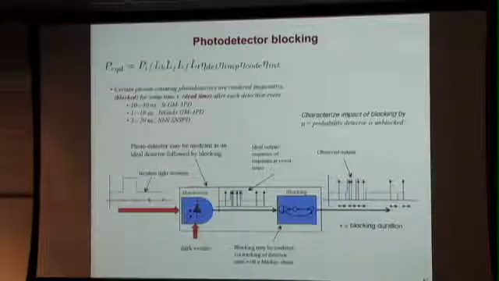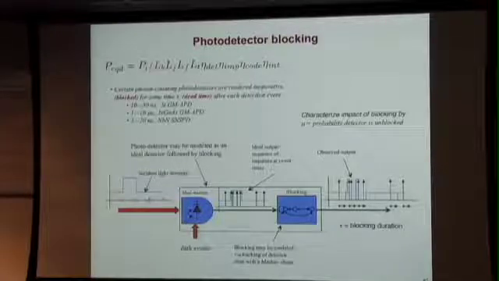Photodetector blocking is another effect that you have to consider in real photodetectors: there's a dead time after each photodetection event. So you should be seeing an event here, here, here, here, but after blocking, the ones at the dotted line you don't see. How can you model that?